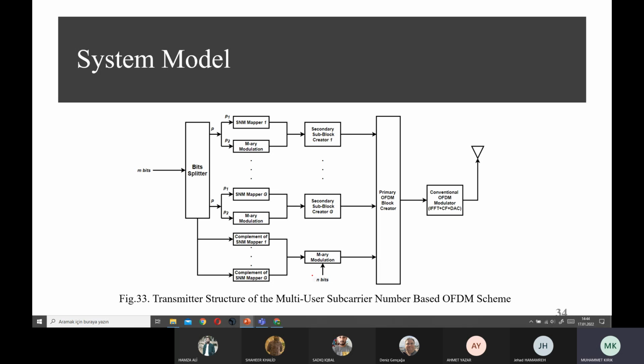So we are also modulating this near user's data by using the conventional modulation techniques. And we are transmitting them by using the inactive subcarriers that we did not activate for the far user's data. So we are here taking the complement of the SNM mappers.